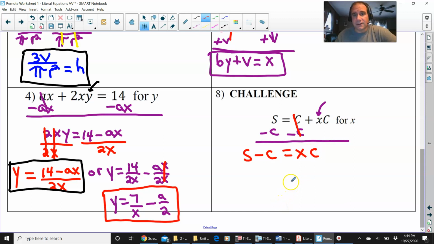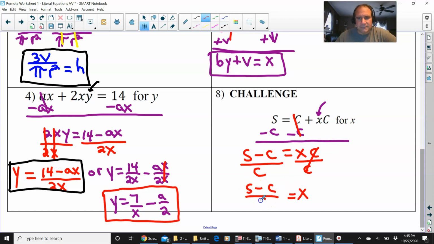Still need to divide. I still need to get the x alone. And I gave away the next step. I said divide. I'm not going to divide by x. I want the c to cancel. This cancels. So x equals s minus c divided by c.